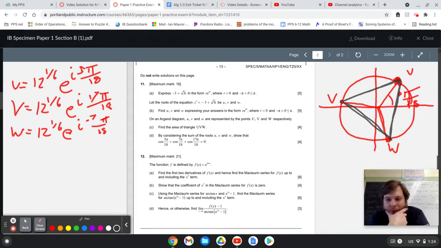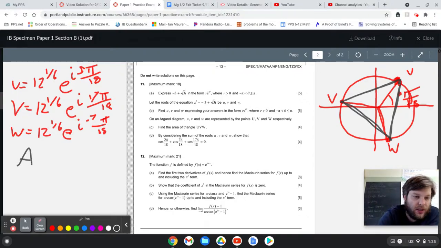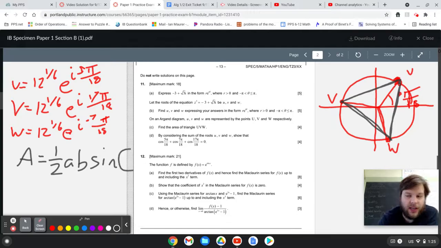If you look back on your formula sheet, one formula for the area of a triangle is 1/2 ab sine C. So we need to calculate the angle, well, that's 60 degrees, and then calculate the side lengths.